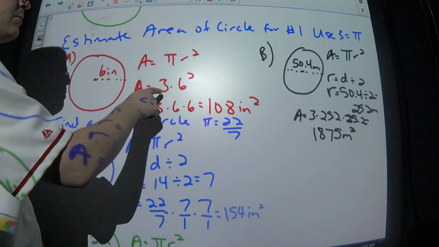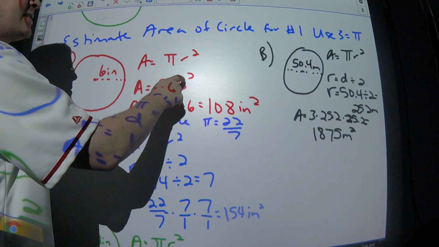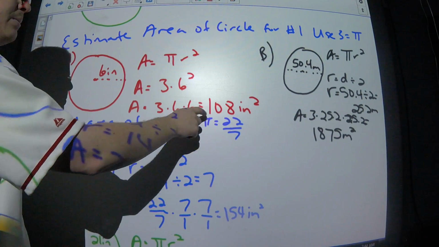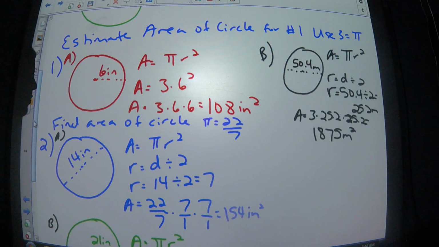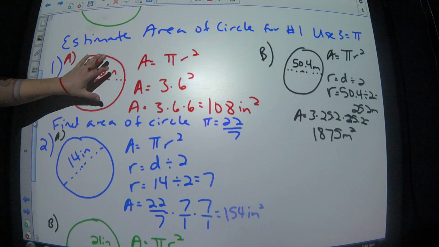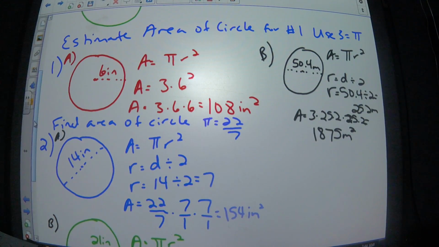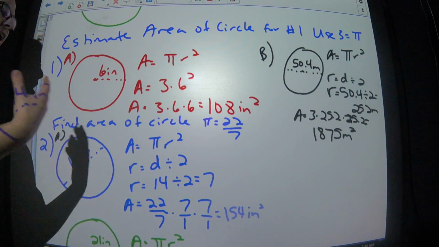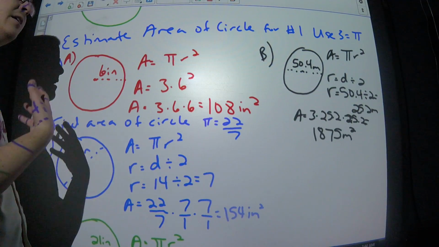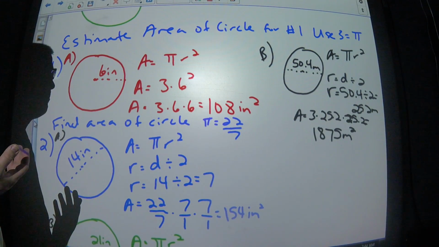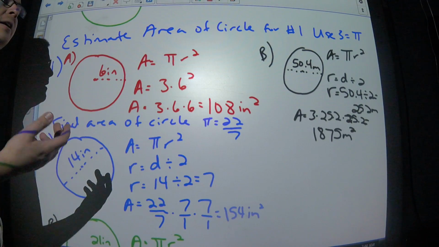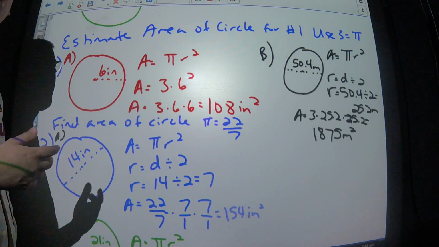Well, they told me that pi was 3, so 3 times 6 times 6 is going to be 108 inches squared. That is the estimated area of this circle. The actual area of the circle is going to be close to that, but you have to remember that they used 3 as pi instead of 3.14.